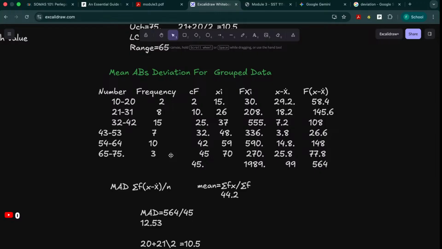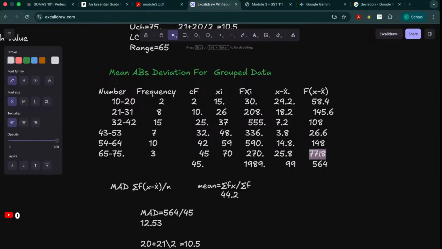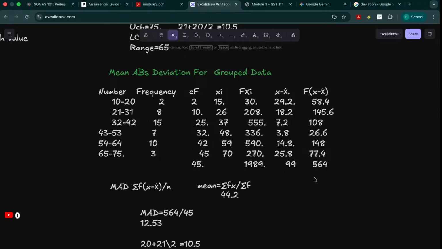Three times 25.8, how much does that make? Three times 25.8. Yeah, that was just a small mistake. But that is how we find the mean absolute deviation for grouped data.